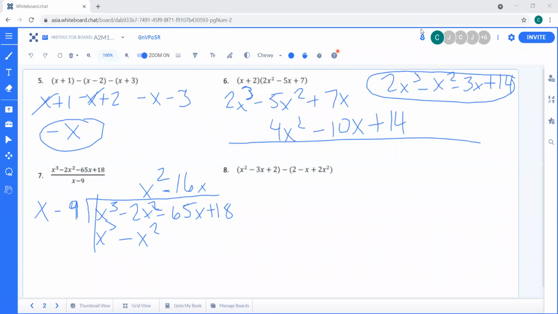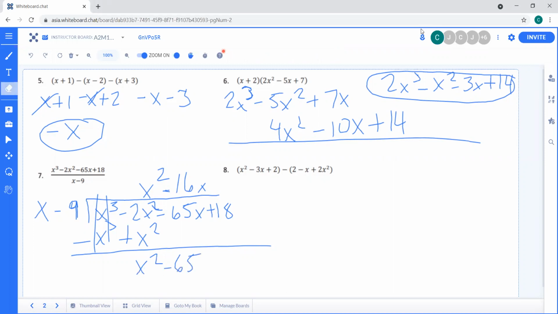Okay, so now when we negate these, those still cancel. This leaves us with x squared minus 65. Let's put this up here.